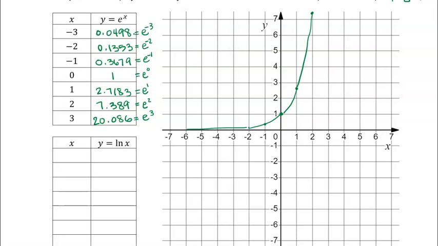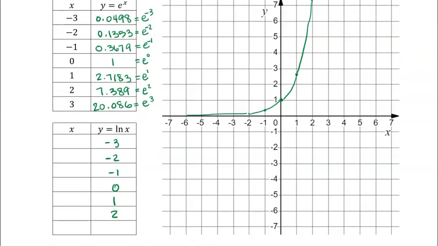So what I'm going to do is make these outputs minus 3, minus 2, minus 1, 0, 1, 2, and 3.